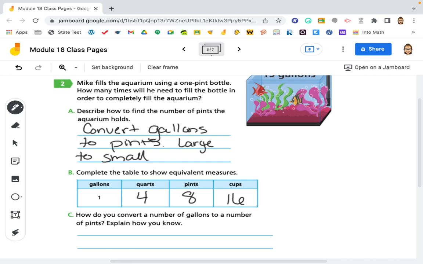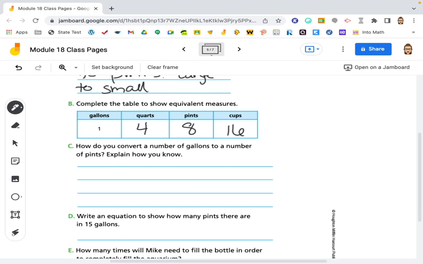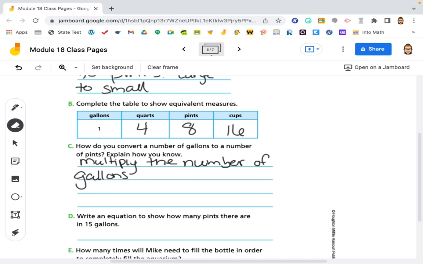So how do you convert a number of gallons to a number of pints, and explain how you know? Well, you're going to multiply the number of gallons by 8.